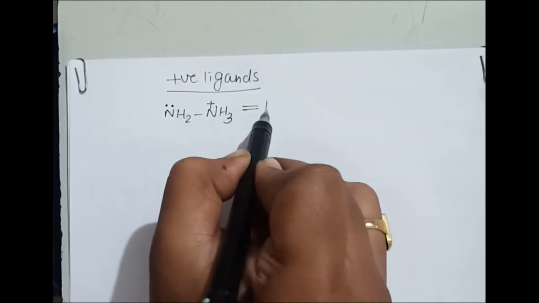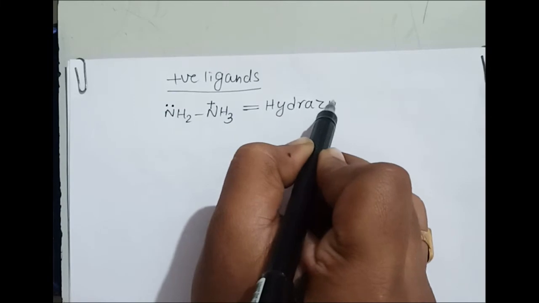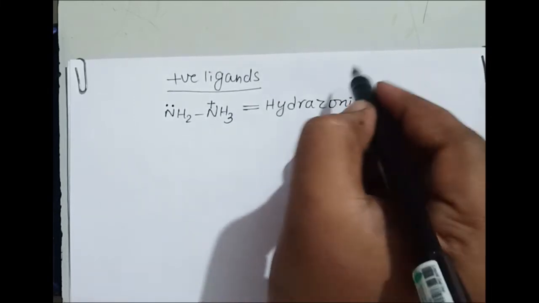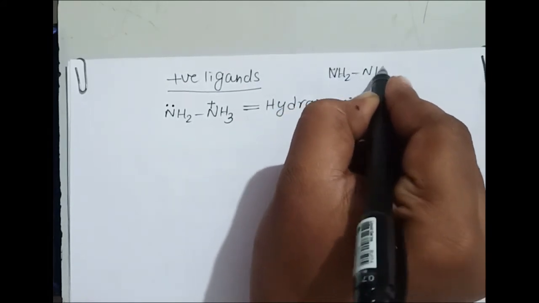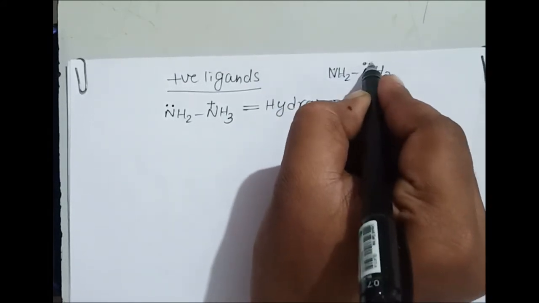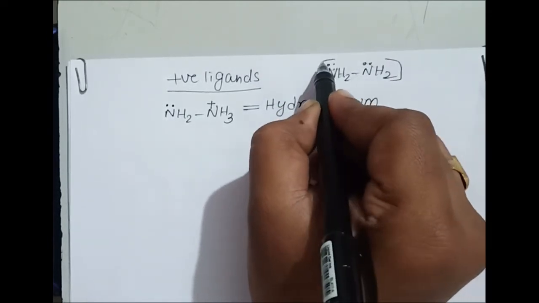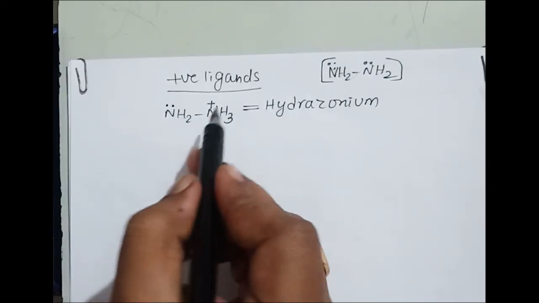This kind of ligand is called hydrazonium. In organic chemistry, you must have studied hydrazine, NH2NH2. Hydrazine is a didentate ligand because two electron donating sites are there. But here, with NH3 plus, it's called hydrazonium.